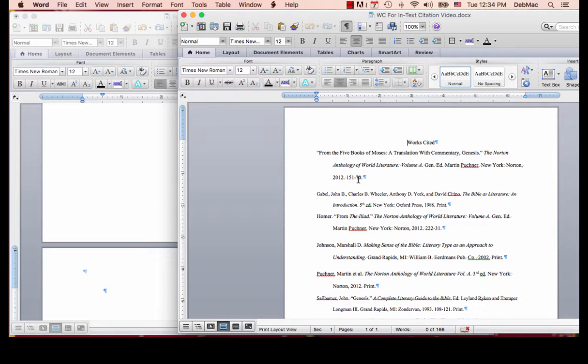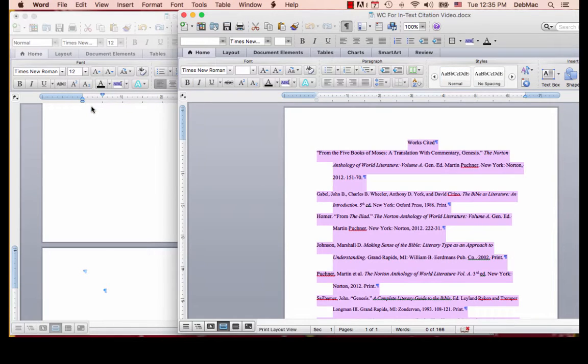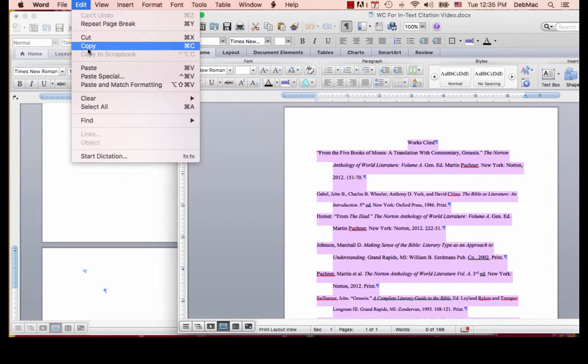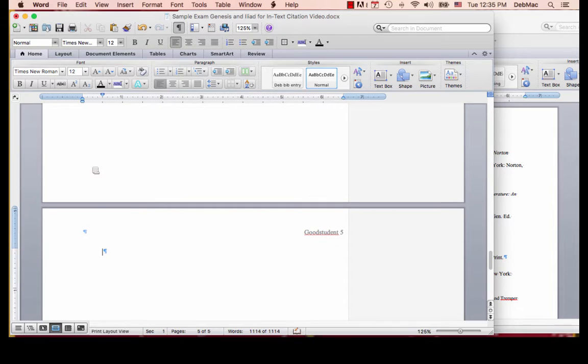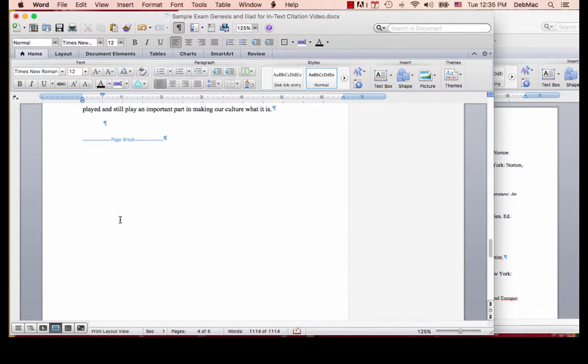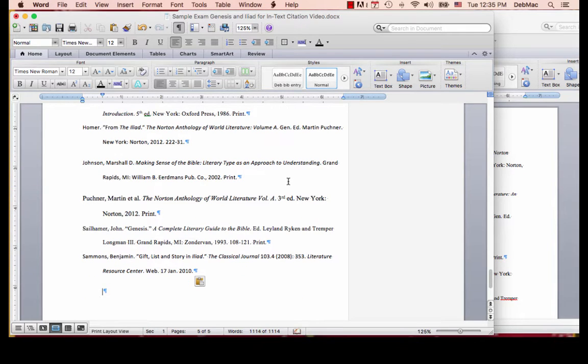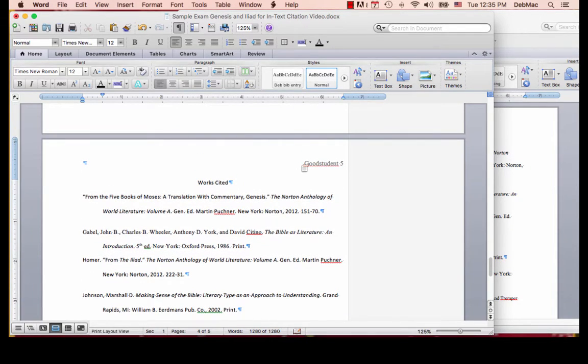So after she did that, she'd go to her works cited page, cut out the sources she didn't use, select all, copy, and then on this new page that was begun from inserting this page break, she would paste it. And you see, as I told you, when the new page was created, the last name and page number appeared at the top of the page automatically.